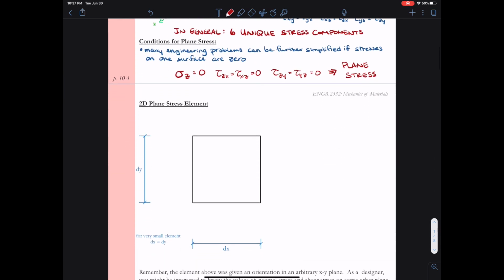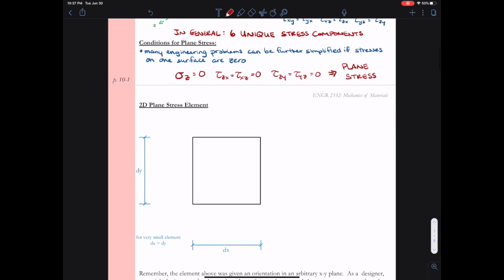So let's go ahead and take a look at how we determine that. When we reduce this now into a two-dimensional xy plane, we see our stress element is now just a square. And we have sigma x, we have sigma y, and then we also have tau xy.